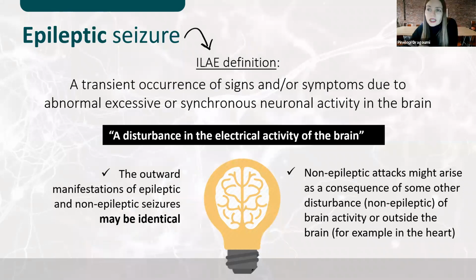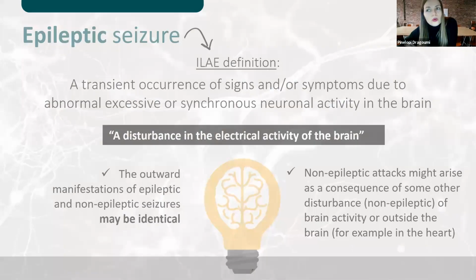An epileptic seizure might look exactly as a non-epileptic event, and this is what is troublesome sometimes to make the correct diagnosis. In fact, the manifestation of an epileptic seizure can look identical to a non-epileptic event, and these non-epileptic events, as we can see, can be a consequence of either a brain disturbance or of a disturbance of the heart or any other organ.